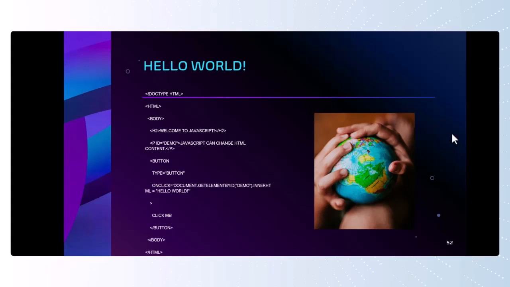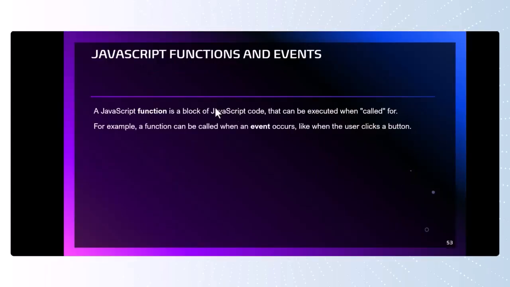So this is JavaScript functions and events. A JavaScript function is a block of JavaScript code that can be executed when called. And so a function can be called when an event occurs, like when the user clicks a button.